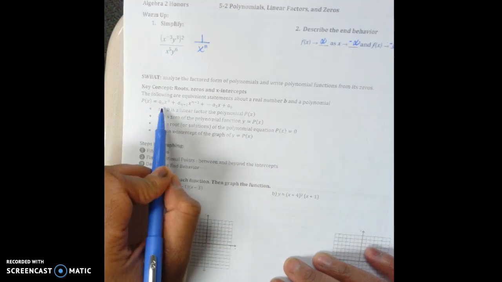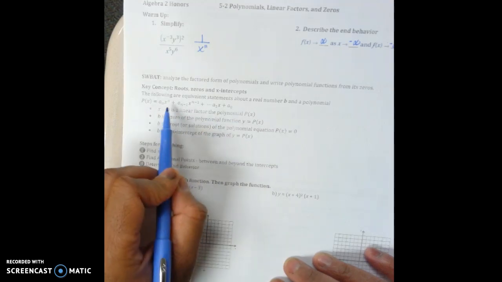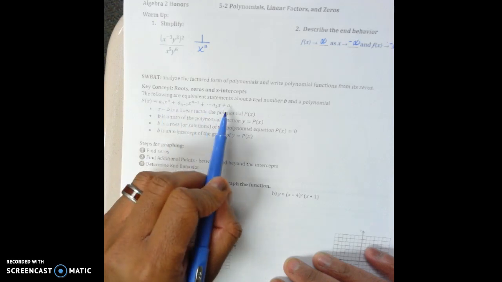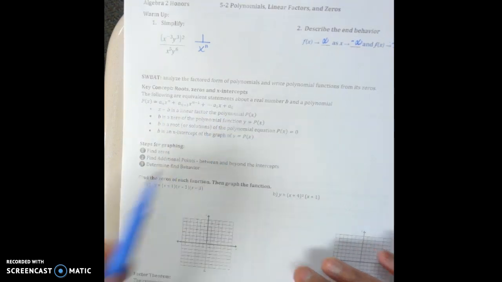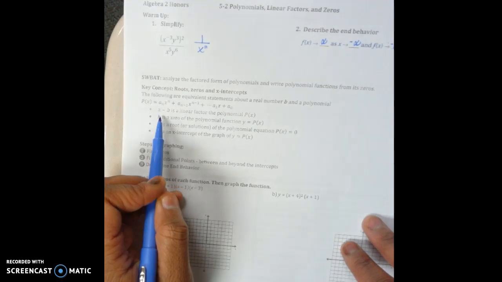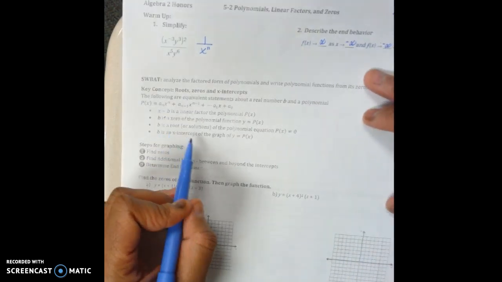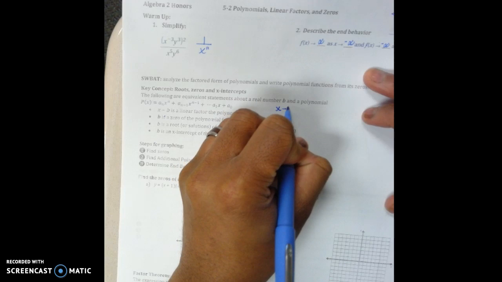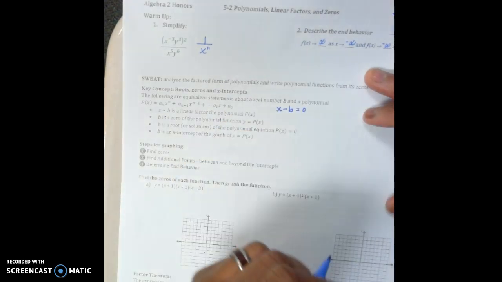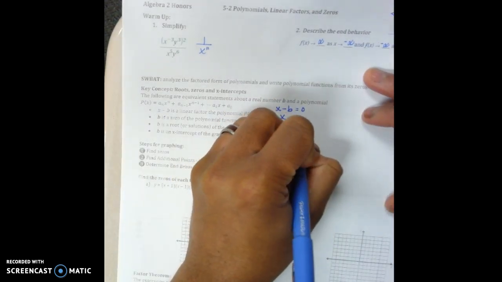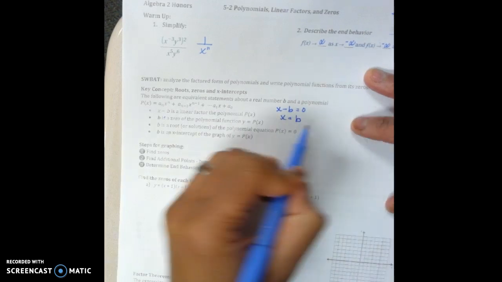We just know that they're saying this is a polynomial written in standard form from the highest degree to the least degree, which could be a constant, quite possibly. Some equivalent statements. Well, here's what we did before. When we had a factor, x minus b, and we set it equal to 0, we found that x was equal to b, if you add b to both sides.